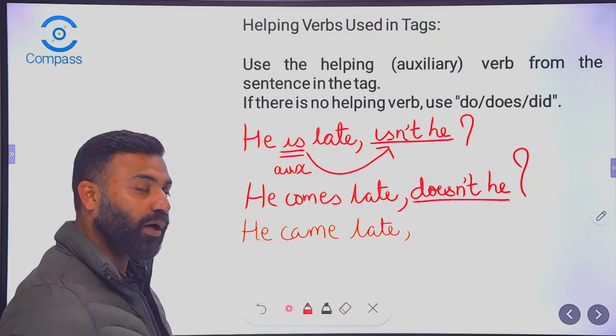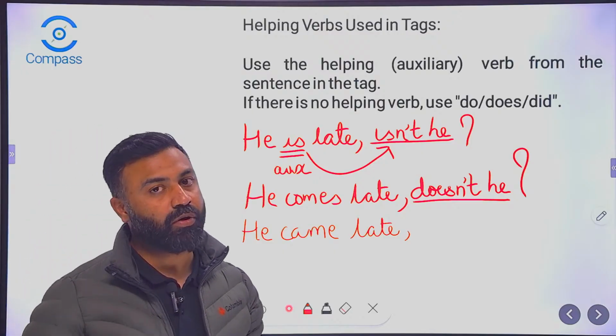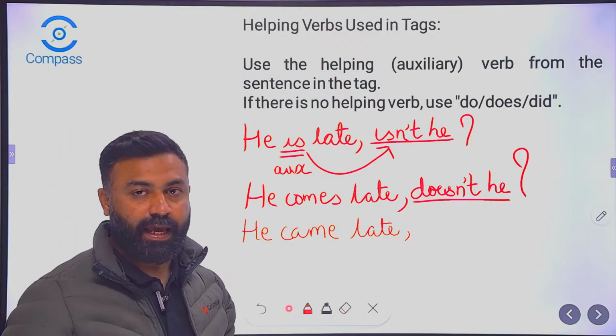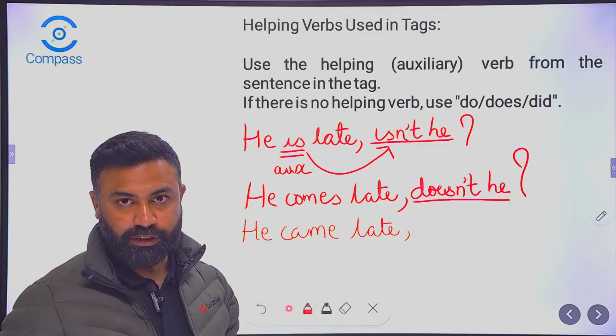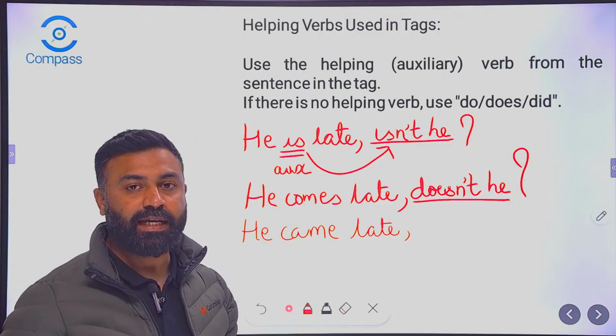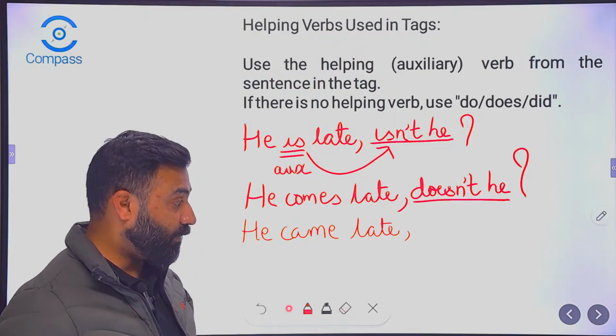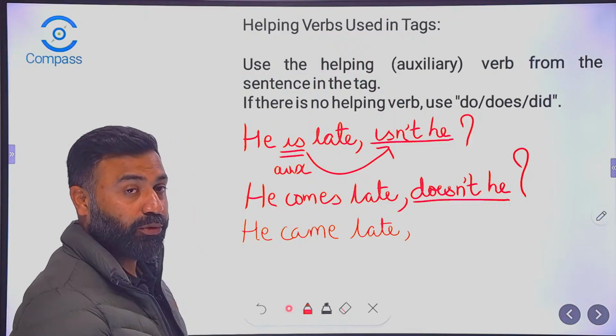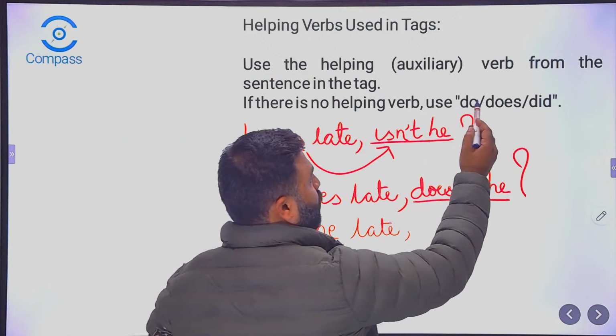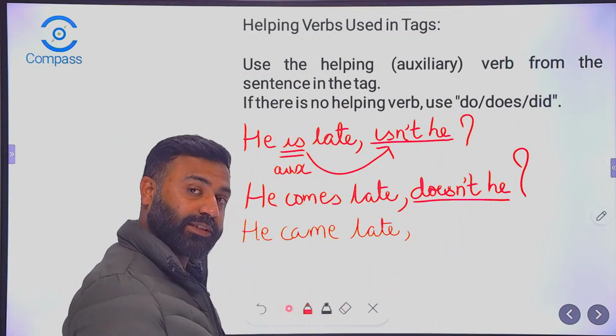I believe that you people know what auxiliary verbs are, like is, am, are, was, were, have, has, had. All these are auxiliary verbs, right? And if you don't see them, we are going to provide do, does, did as per the tense.